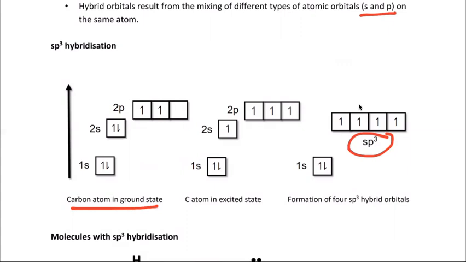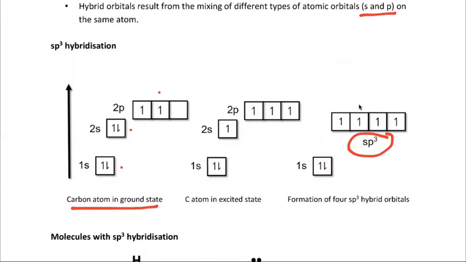Normally, if we look at the periodic table, we know that carbon has 6 electrons total. If we start from the bottom of our orbital diagram, we have 1s2, 2s2, and then 2p2. That's the ground state, the normal state for a carbon atom.